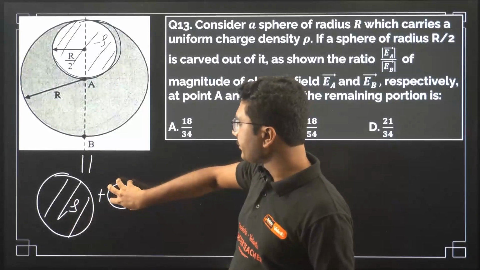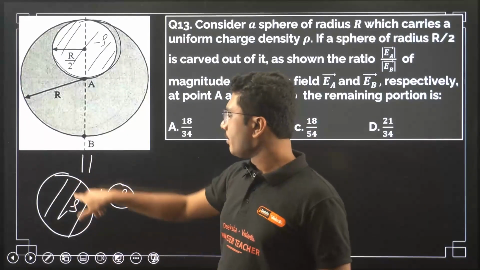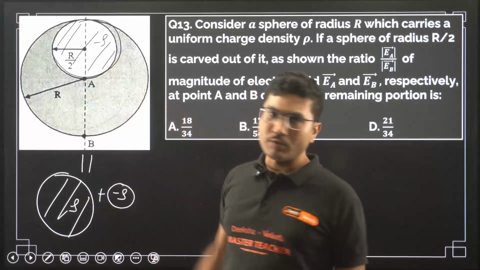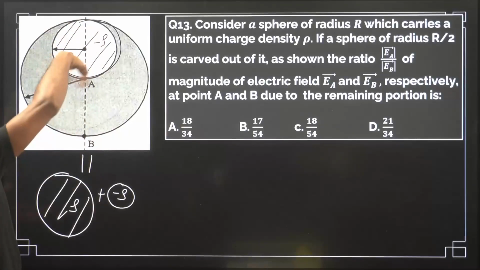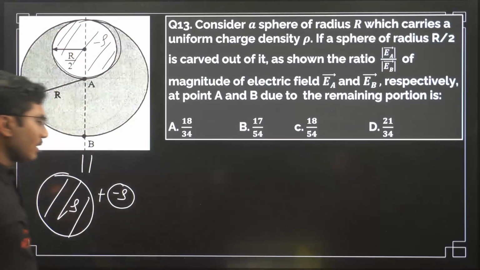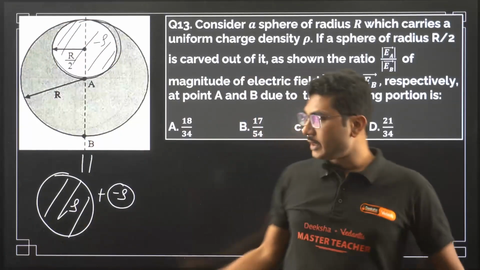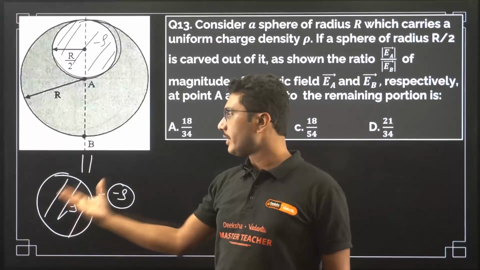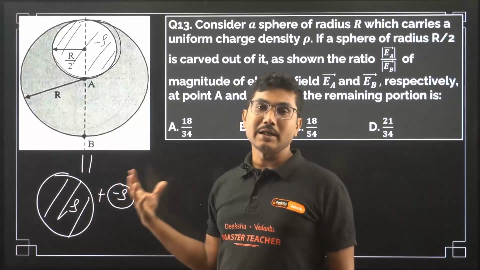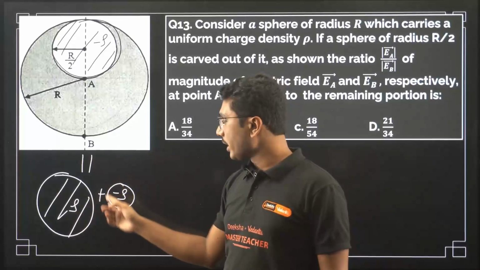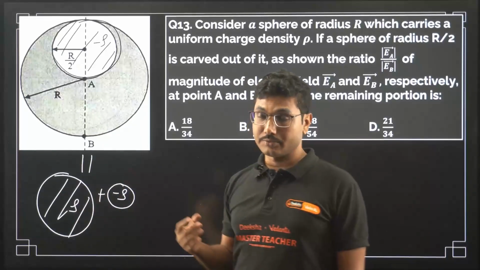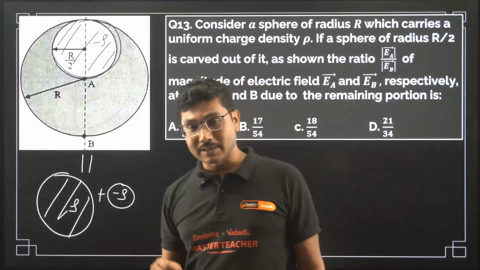If you take this sphere and put it over here, then plus rho minus rho gives you 0 over here. So that's why this sphere having a hollow portion can be considered as two spheres, one completely filled sphere of charge density rho, and one completely charged sphere of charge density minus rho.